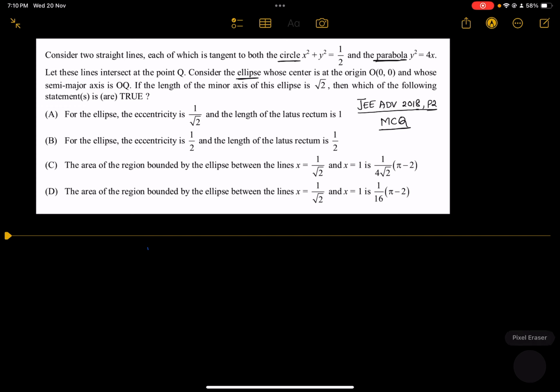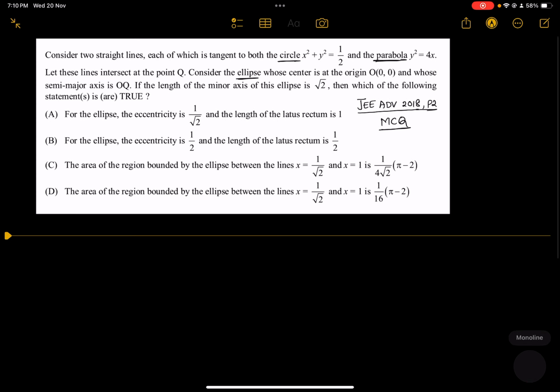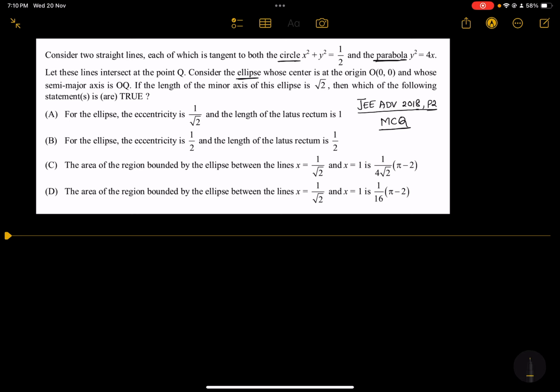So consider two straight lines, each of which is tangent to a circle. Here we are given a circle x square plus y square is equal to half. So the radius of the circle is 1 by root 2 and center is 0, 0, and a parabola y square is equal to 4x.